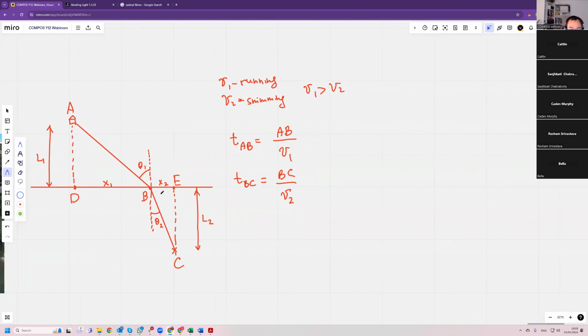The time to run from A to B and the time to run from B to C. So AB, using Pythagoras, is the square root of L1 squared plus x1 squared, divided by V1. And BC, again by Pythagoras, is the square root of L2 squared plus x2 squared.